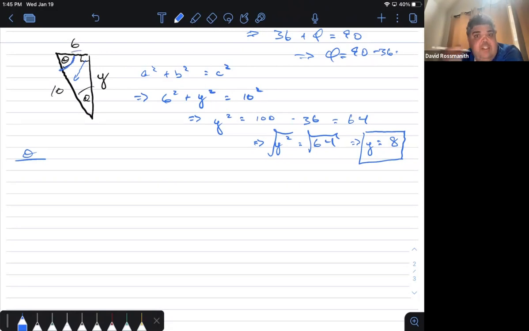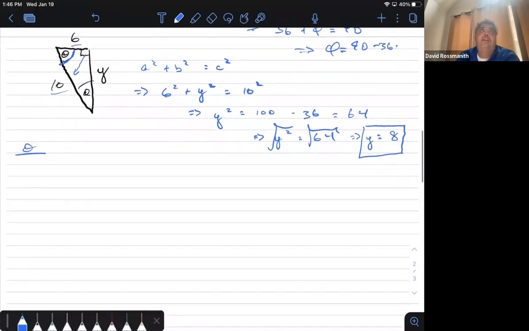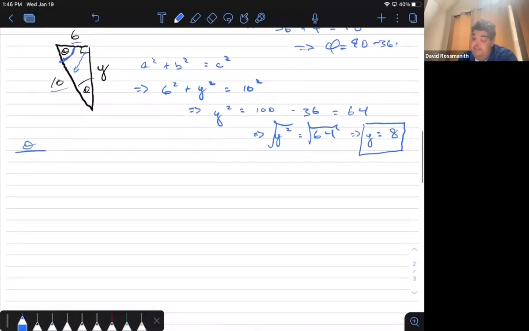It's the side next to the angle. And I know the 10, which of course is the hypotenuse. We just figured that out. So I know adjacent and I know hypotenuse. So when I say Sohcahtoa, adjacent and hypotenuse goes with cosine. So I have cosine of theta is the side adjacent, which is 6, over the hypotenuse, which is 10.